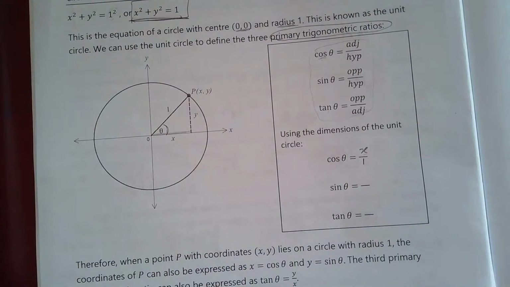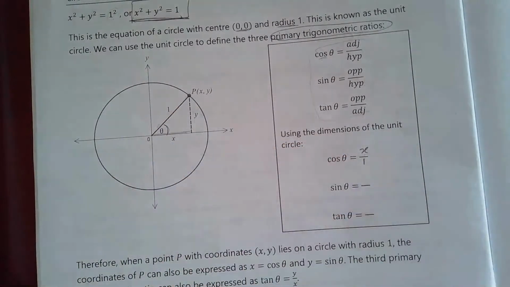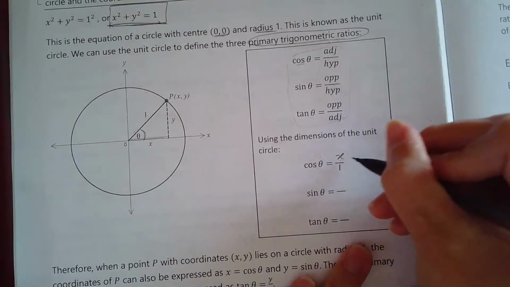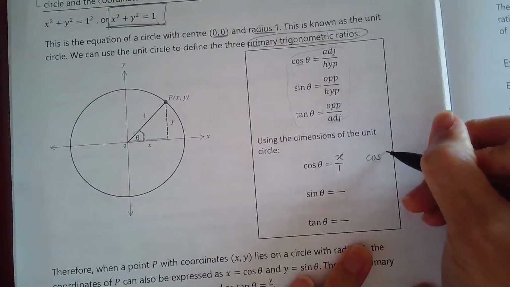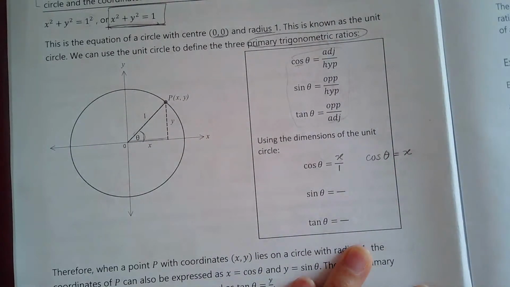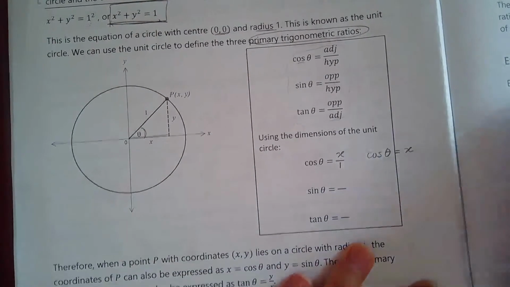Just remember, the radius or the hypotenuse is always 1. We can simplify that as cos theta equals x, because if we divide by 1, it's just x.